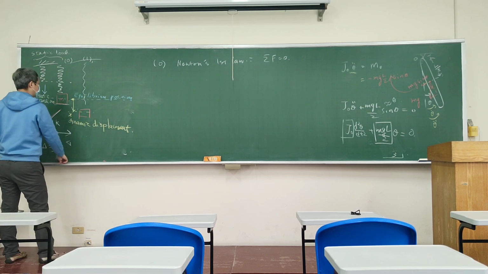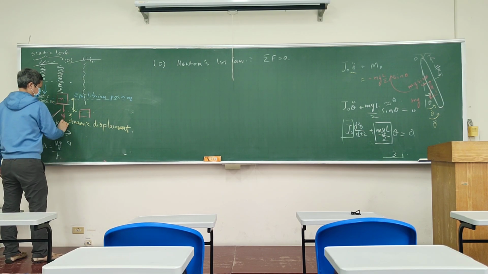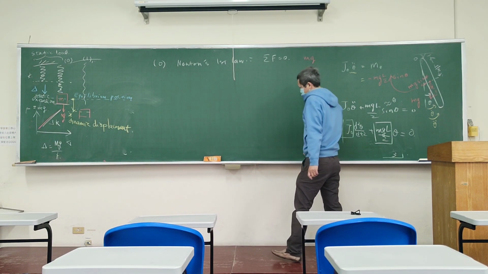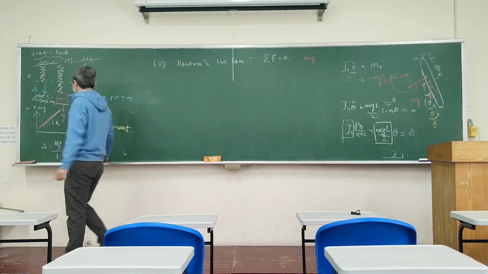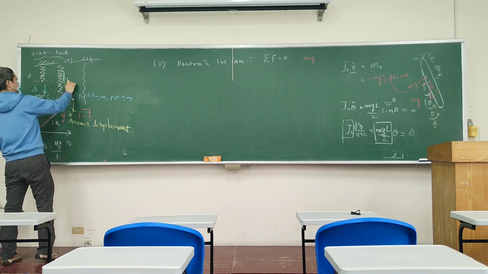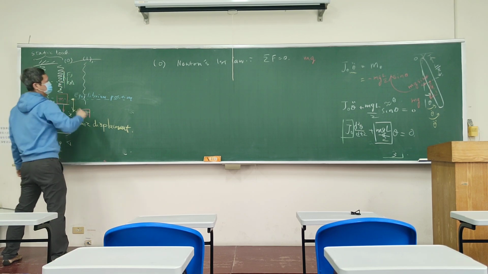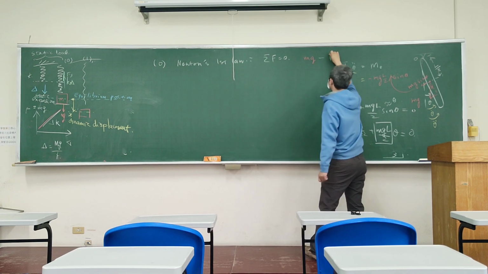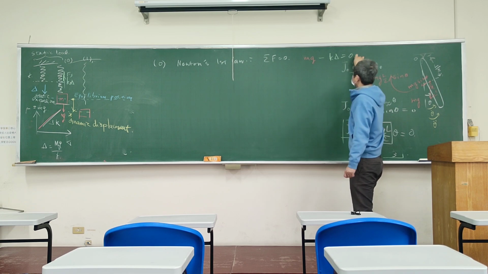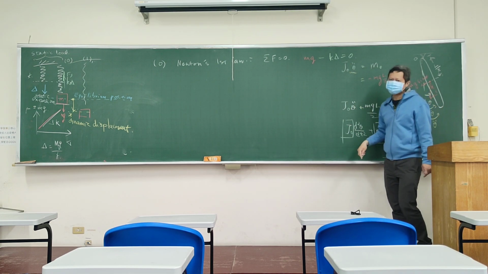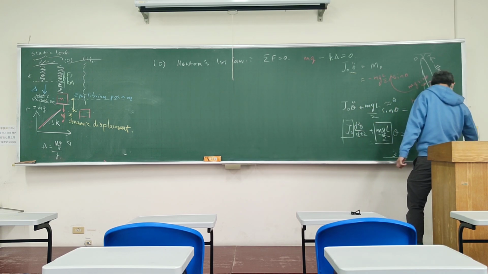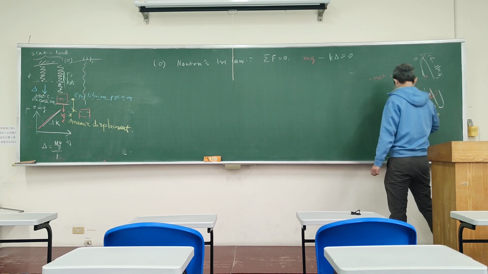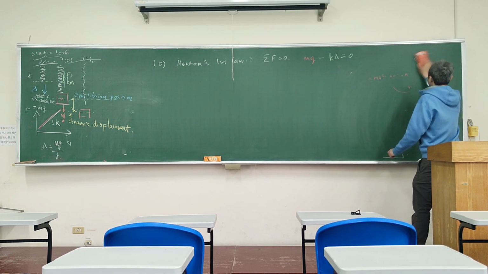There is a weight pointing downward, and then it is opposed by the spring force. Because it points upward, opposite to the displacement, this is k delta. So this is Newton's first law for the equilibrium condition.